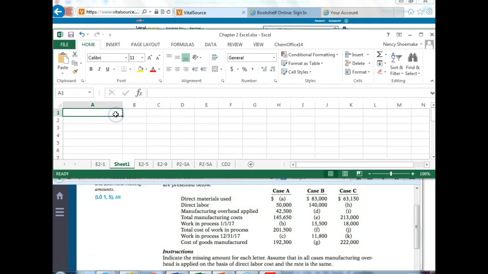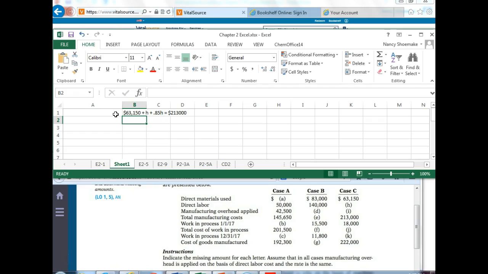So, how are we going to calculate this? We know that the equation is going to be 63,150 plus H, right? Plus 0.85 of H, right? Equals what? 213, right?